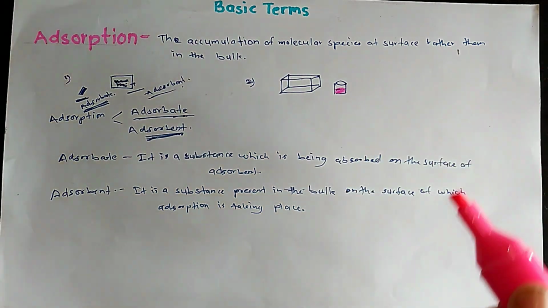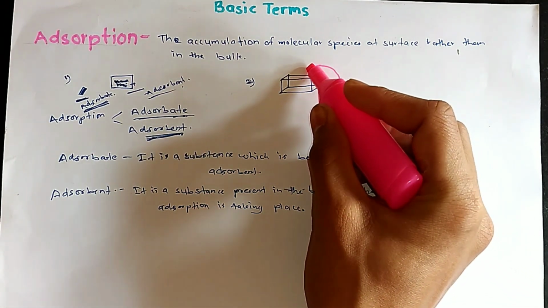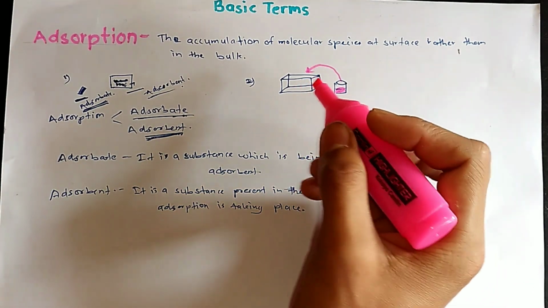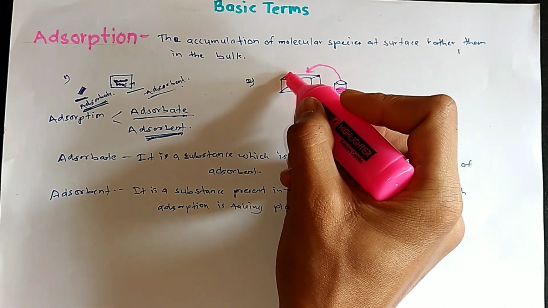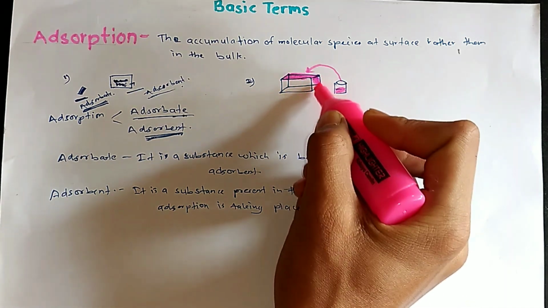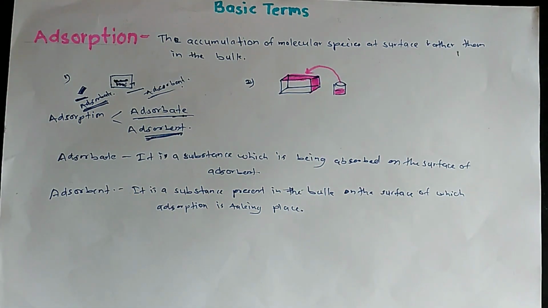If we put this red color solution on the wooden block, it will adsorb only on the outer surface of the wooden block, but doesn't go into the bulk, means it doesn't go inside the wooden block.